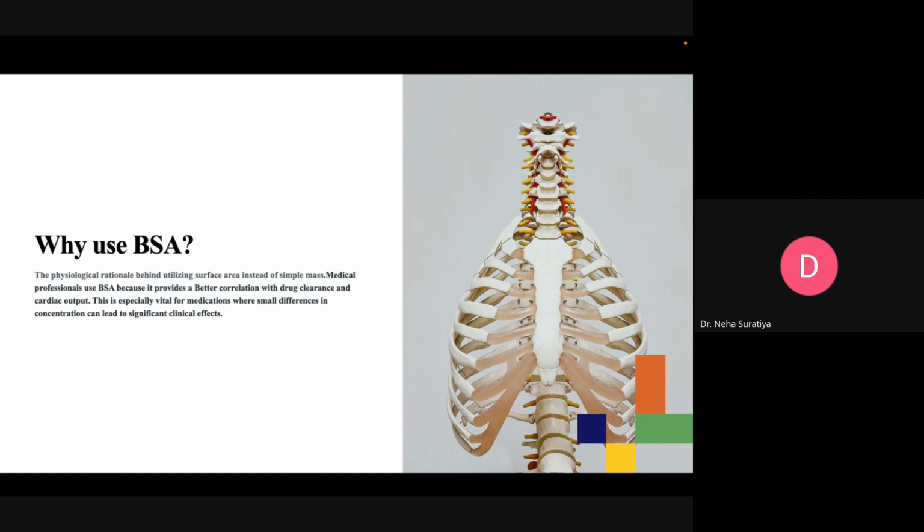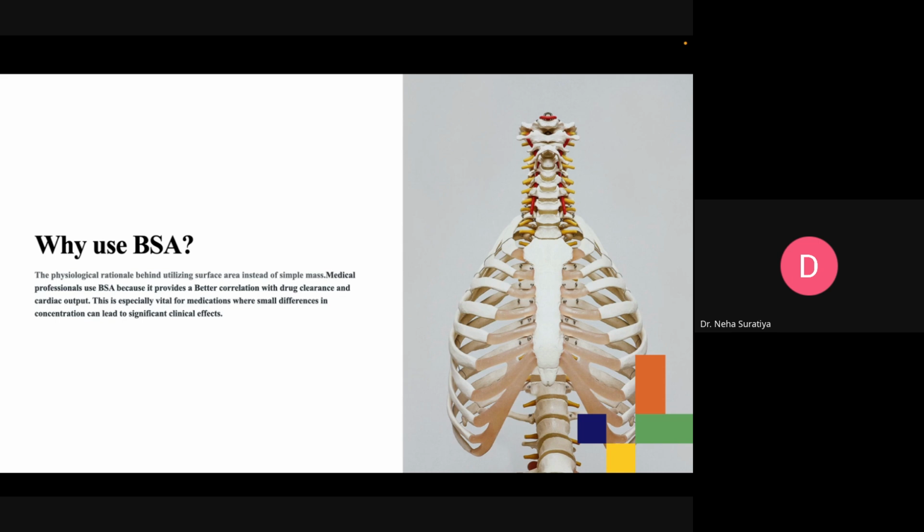You can assume what the drugs will be: narrow therapeutic index. So for certain high-risk drugs with a narrow margin between therapeutic and toxic doses, if you change the dose a little, either you won't get any effect, or you will end up with toxicity.